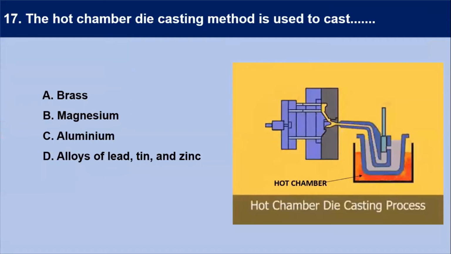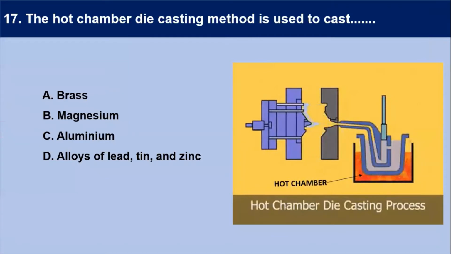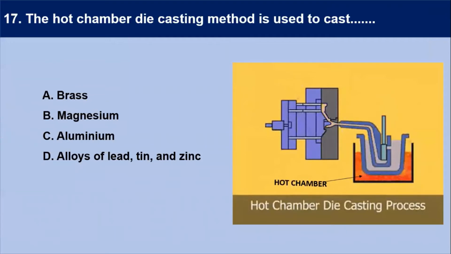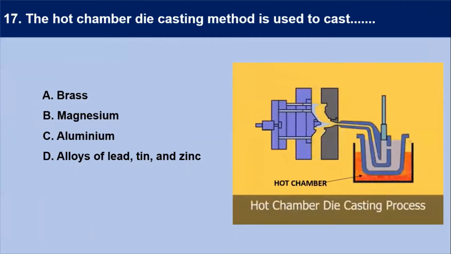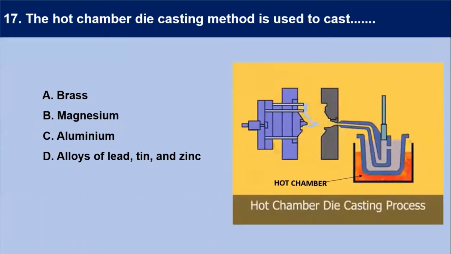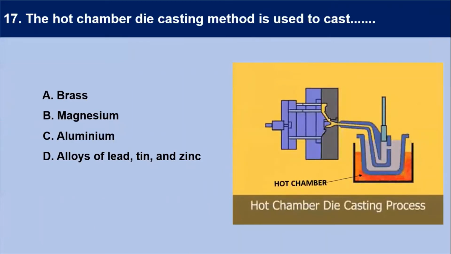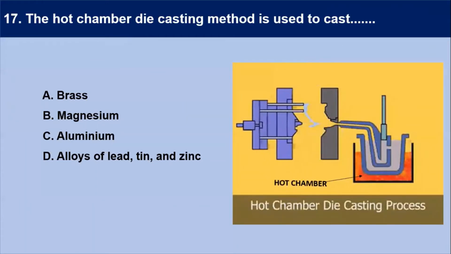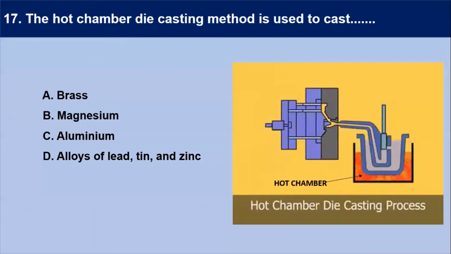Next question. The hot chamber die casting method is used to cast. Now, hot chamber die casting is limited to low melting point metals, and aluminum, magnesium, and brass cannot be melted because the machine picks up some of the iron while in the molten pot, which is an integral part of the machine.